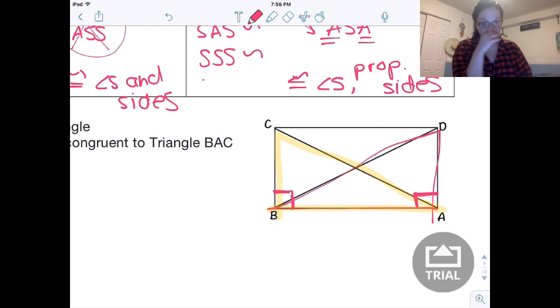In a rectangle, I also know that opposite sides are congruent. And then you have a lot of other things you can use here. You can use the fact that in a rectangle, the diagonals are congruent, and that would give you right triangle HL. Or you can use the fact that that side overlaps in these 2 triangles, so that is reflexive property. So what I would do on this, I'm going to use reflexive property there.